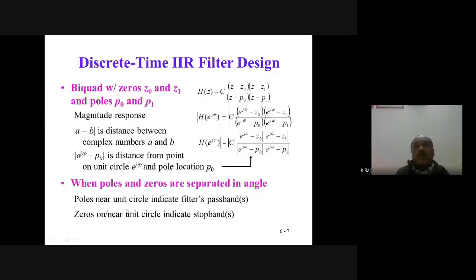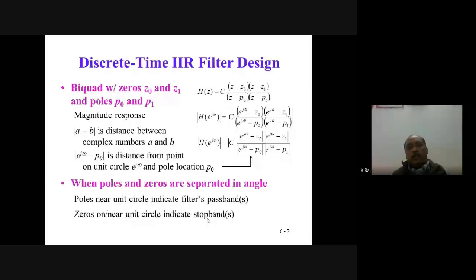And if the zeros are near the unit circle, then they will indicate the stop band or stop bands here. So accordingly, we can decide what is the type of the filter, whether it is the passband type or the stop band type.